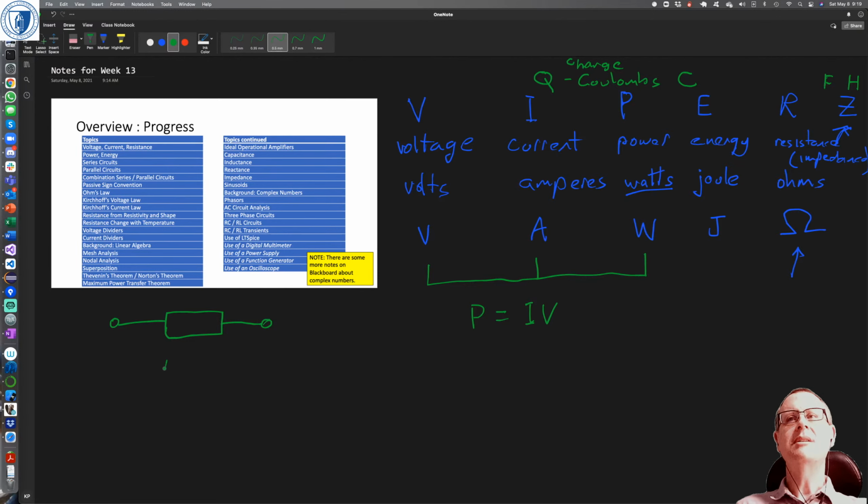So if this is a resistor and we have the current flowing in this way, and we measure the voltage this way, then in this instance P equals IV is the power dissipated, or the power consumed, right?